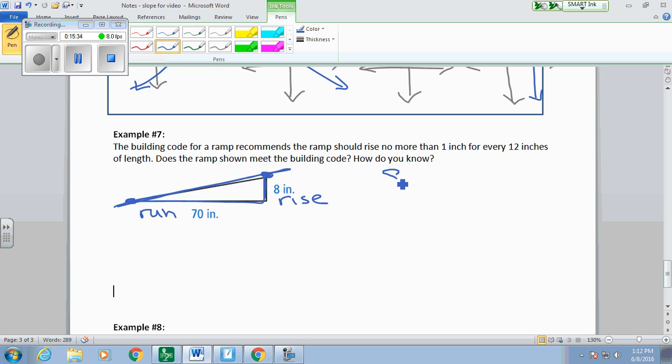So that would be 8/70, which I can change to a decimal, and I get approximately 0.114. So the building code states that it should rise no more than 1 inch for every 12 inches of length. The rise goes in the numerator, and that will become a repeating decimal, so I make sure I write it correctly here.